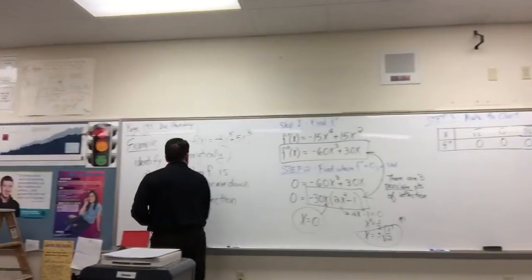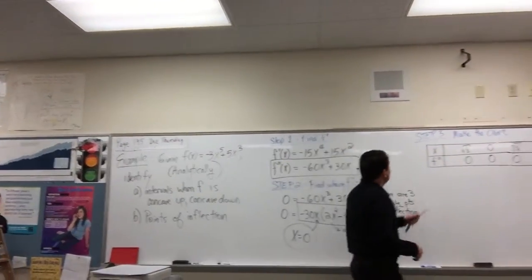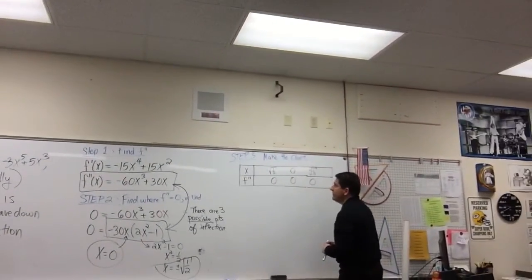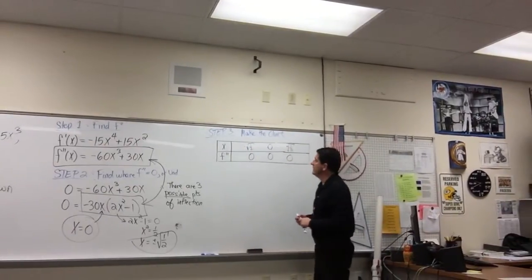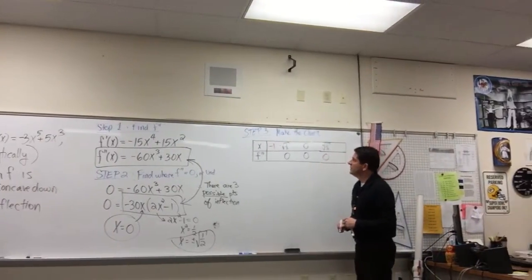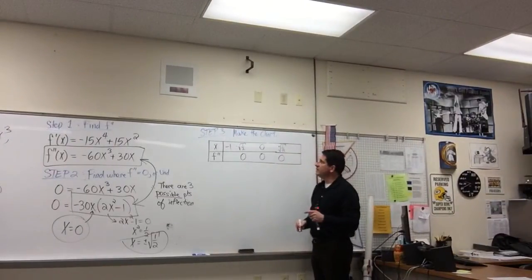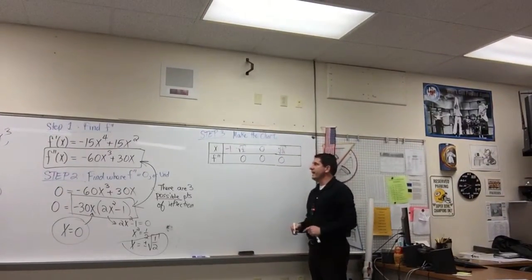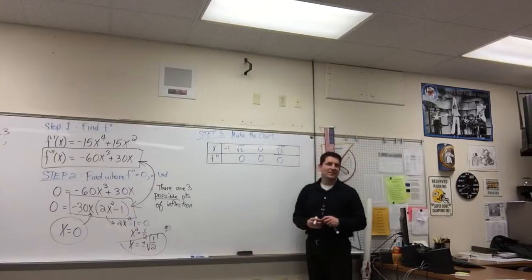Okay, so let's just plug in some numbers to the left and to the right. Give me a number that's to the left of negative square root of 1 half. Negative 1 is a good one. Okay. Give me a number between negative square root of a half, and 0.